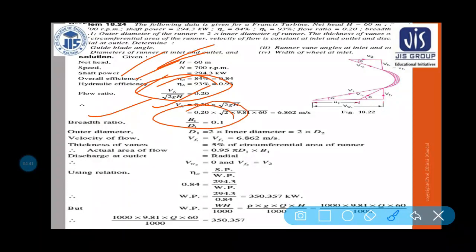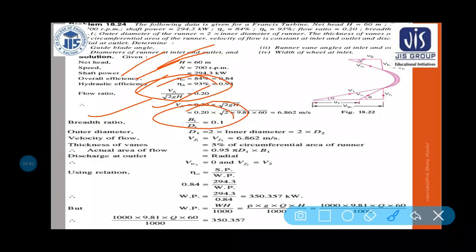So let us discuss. First of all, net head given, N given, shaft power given, overall efficiency given, hydraulic efficiency given. Flow ratio, you know that Vf1 by root over 2gH is 0.2. So from this equation you can easily find out Vf1 because H is given. Now the breadth ratio you can find, B1 by D1.